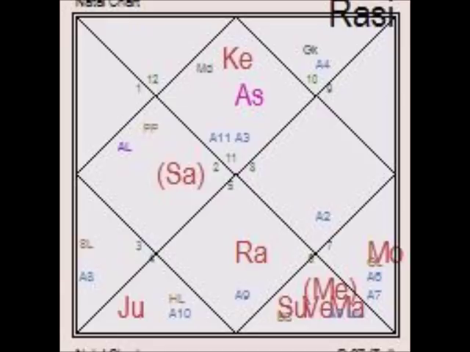And if you look at the other houses, which are the houses of wealth, one house of wealth is the 6th house. So if you see the 6th house from the Hora Lagna, it is the zodiac sign of Sagittarius.